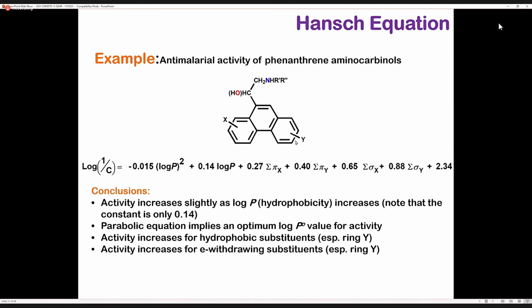You need your compound to have hydrophobic substituent, especially at ring Y. You need your compound to have electron withdrawing substituent. Remember, the condition is that all the compounds must be of similar scaffold, right? So if you originally have phenytoin here, then there must be phenytoin here as the scaffold. Maybe you don't want to change the amino carbonyls here, you don't want to change here. Maybe you don't want to change here, you just want to modify, right?